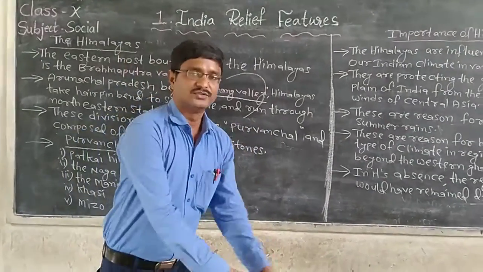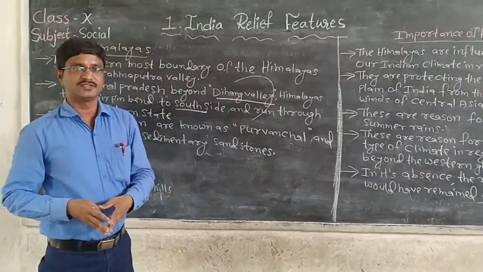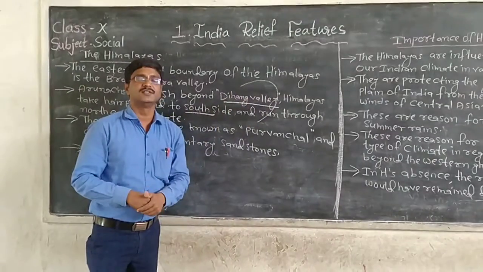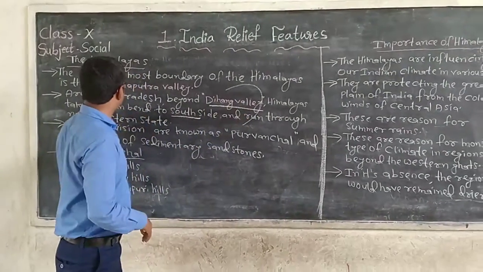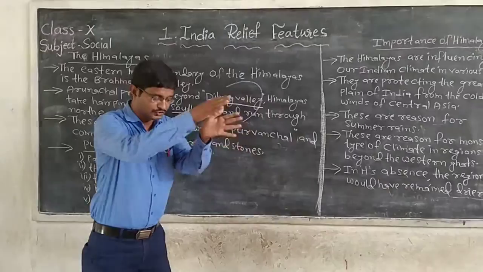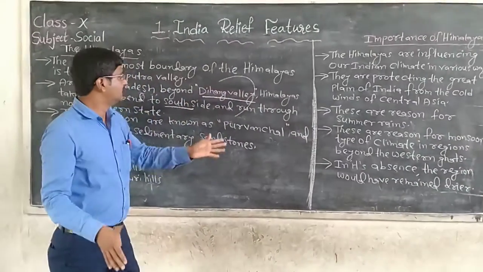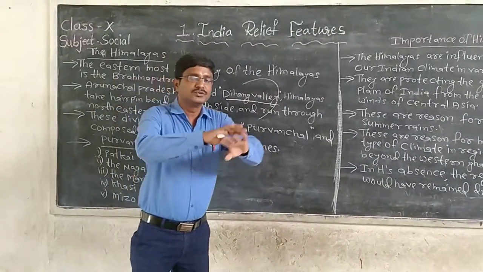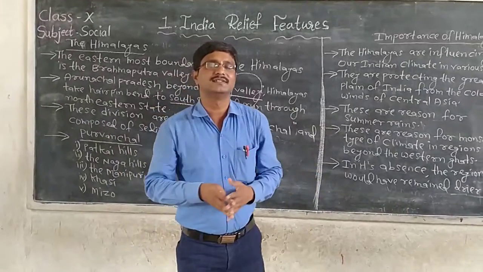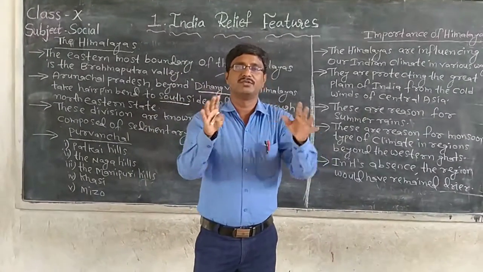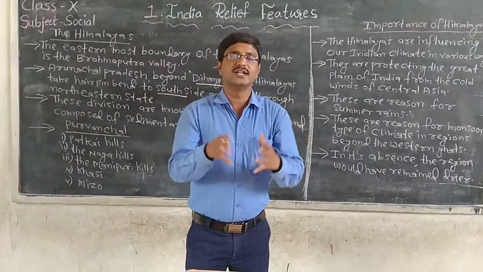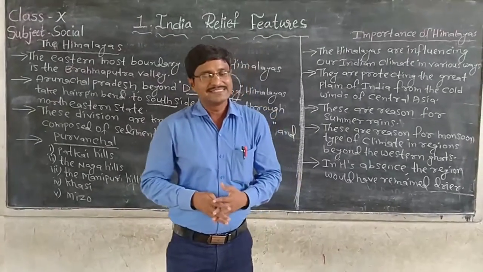Have you understood? In the state of Arunachal Pradesh, beyond the Dihang Valley, the Himalayas take a hairpin bend towards the south side. Then they run through the entire northeastern states.